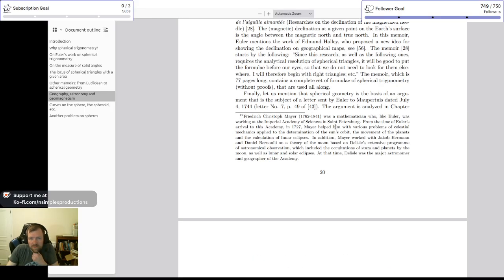Friedrich Christoph Meyer, 1762 to 1841, was a mathematician who, like Euler, was working at the Imperial Academy of Sciences in St. Petersburg. From the time of Euler's arrival to this academy in 1727, Meyer helped him with various problems of celestial mechanics applied to determination of the sun's orbit, movement of the planets, and calculation of lunar eclipses. In addition, Meyer worked with Jakob Heilmann and Daniel Bernoulli, we know that guy, on a theory of the moon based on Delisle's extensive program of astronomical observation, which included the occultations of stars and planets by the moon, as well as lunar and solar eclipses.